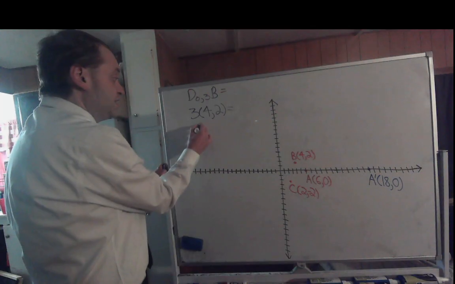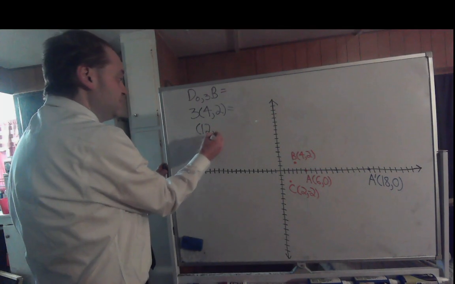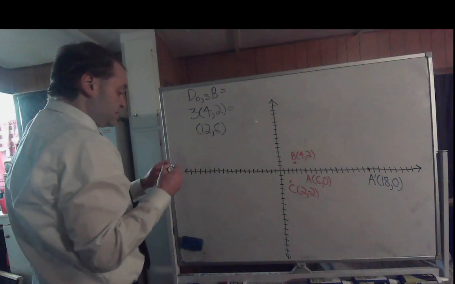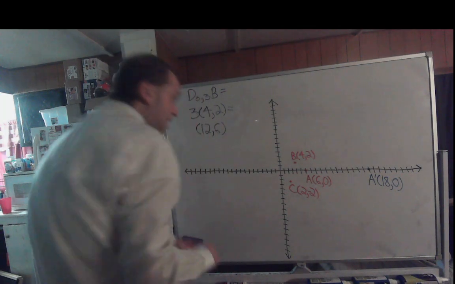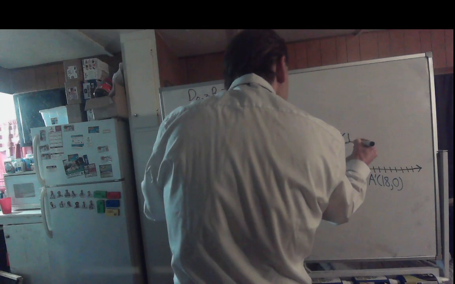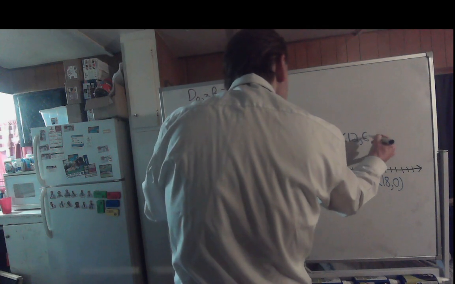Well, that's going to give you a coordinate of 12, 6. So your B prime will be located at 12, 6. So there's your B prime located at the point 12, 6.